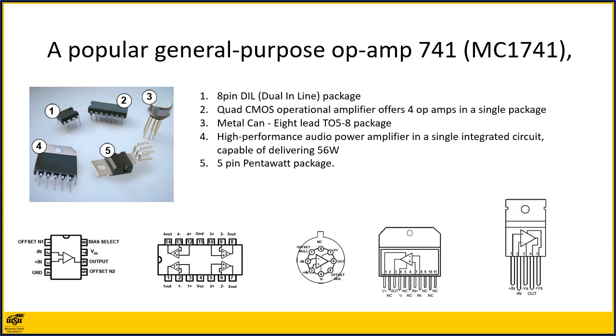And a 5-pin pentawatt package. This is a high performance audio amplifier designed for car radios. Notice the high power op-amps, numbers 4 and 5, have metal tags with holes. These op-amps are bolted to metal heat sinks to dissipate heat away from the op-amps.